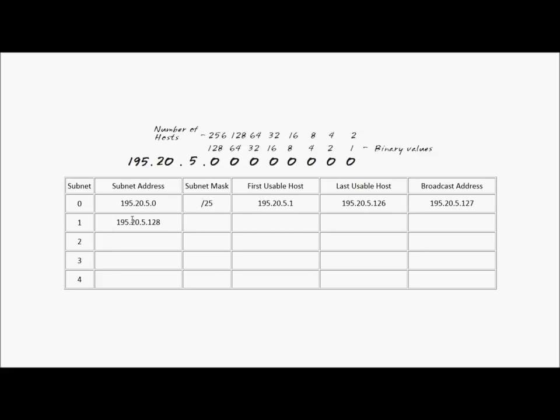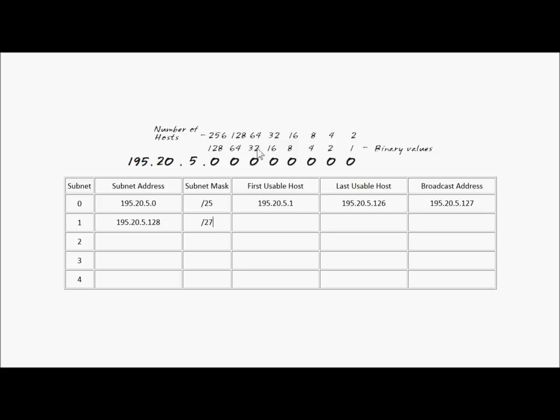Subnet 1 needs 18 host addresses, which will fall under this bit, which puts your line of demarcation right here. You can figure out that your subnet mask will be /27 by counting 25, 26, 27.